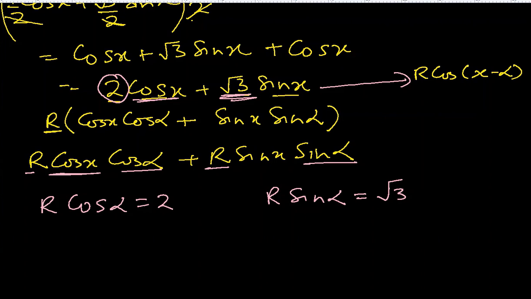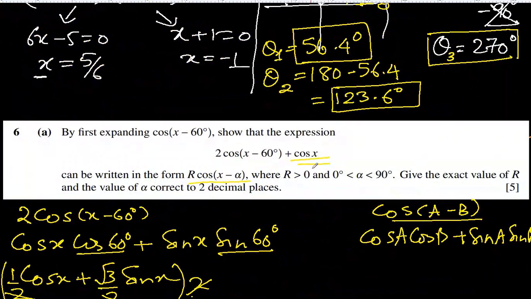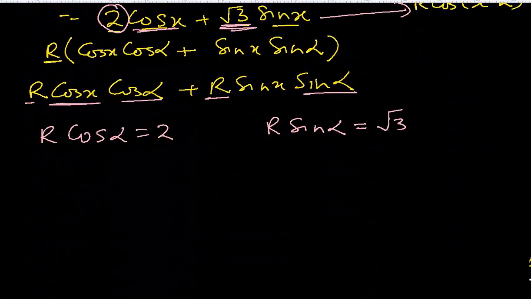And have they given any condition for alpha? They have given it is between 0 and 90, and r has to be positive. These are the two conditions. So let's go back. To find alpha, we should always divide this equation on the right by the equation on the left.